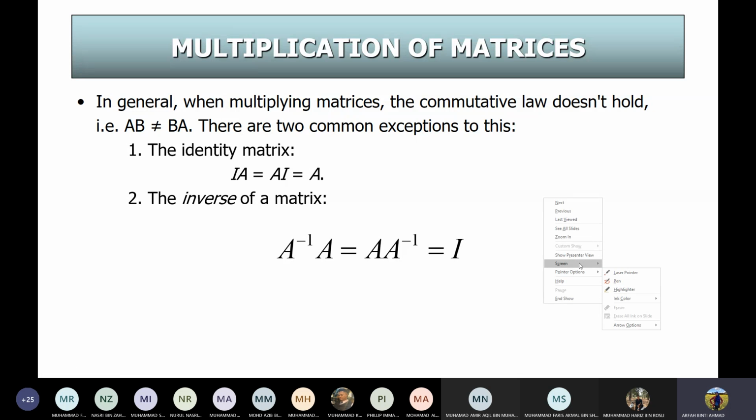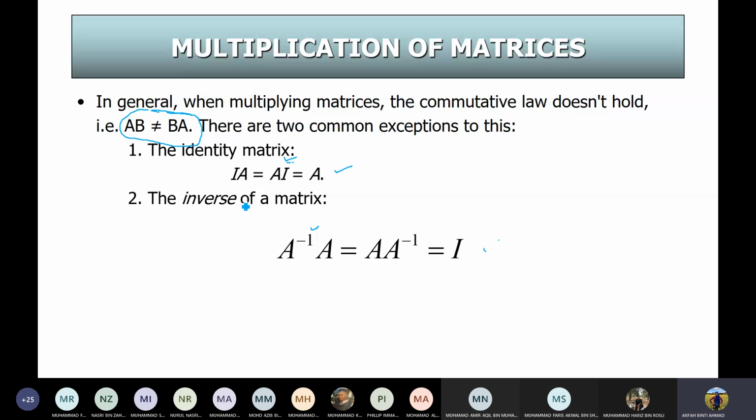So senang cakap A darab B tidak sama dengan B darab A ni kalau matrix yang bukan matrix identity dan juga bukan matrix inverse. Okay. Katakan awak ada dua matrix yang berbeza. So kita darabkan dia, kita tukar position, dia tak akan sama. So terkecuali untuk dua case ini. Okay. So clear with this one?